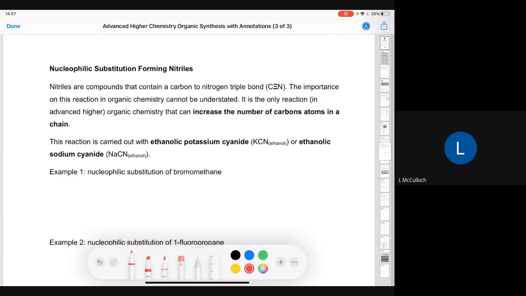Now, the importance of this reaction in organic chemistry cannot be understated. It is the only reaction in advanced higher organic chemistry that can increase the number of carbon atoms in a chain. Now that's really, really important.